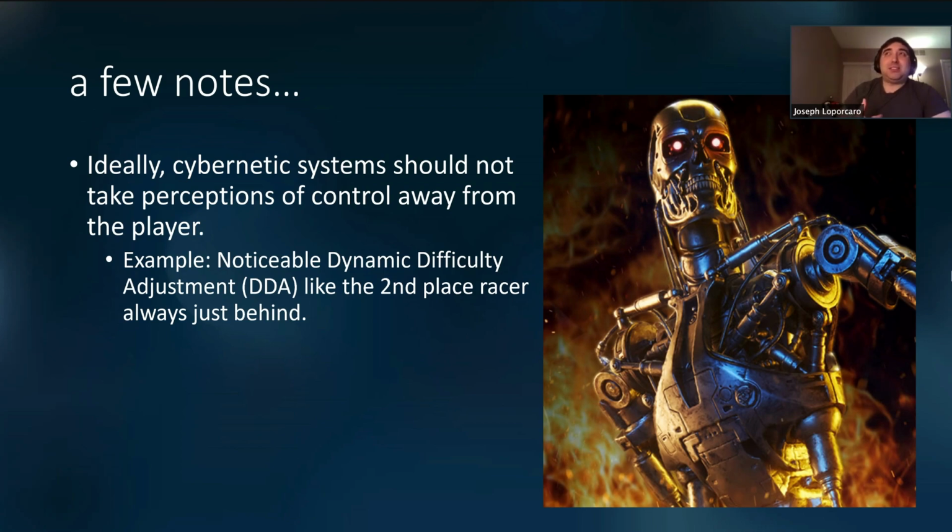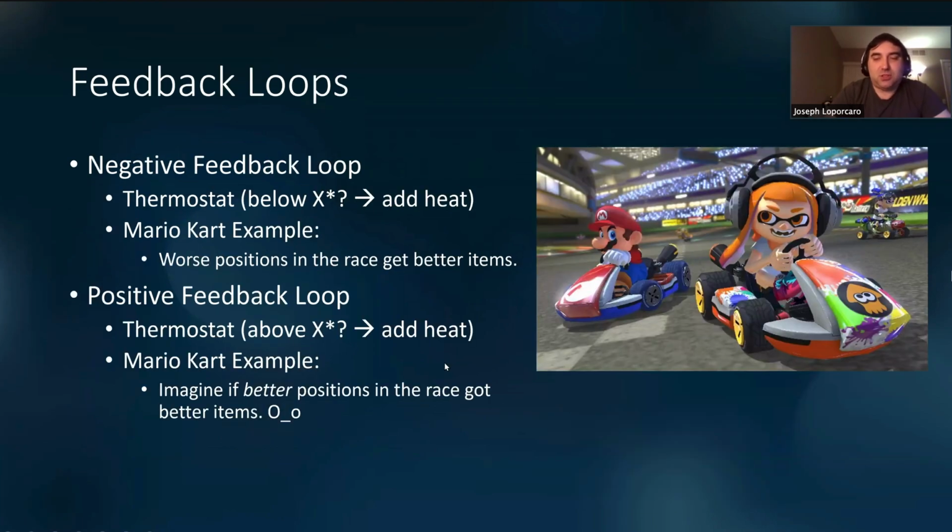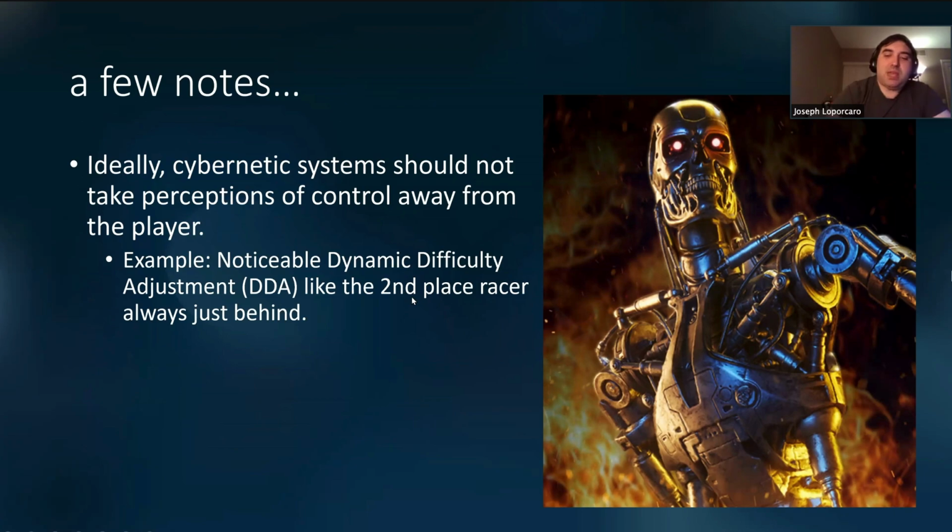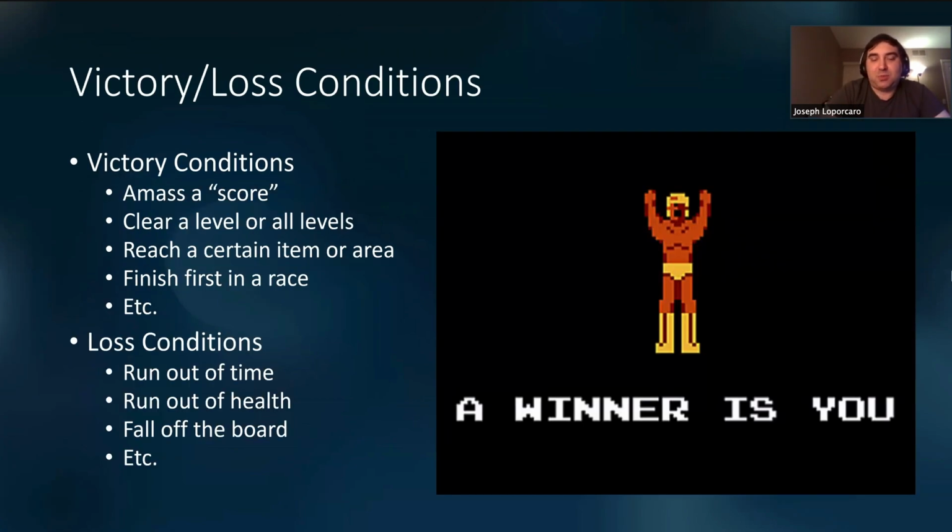If that's artificial, and you start to notice that it's artificial, then you as the player start to get frustrated. So with any dynamic difficulty adjustment, which is usually what these feedback loops are used for, you just want to make it a subtle thing, something that is not very easy for people to recognize.